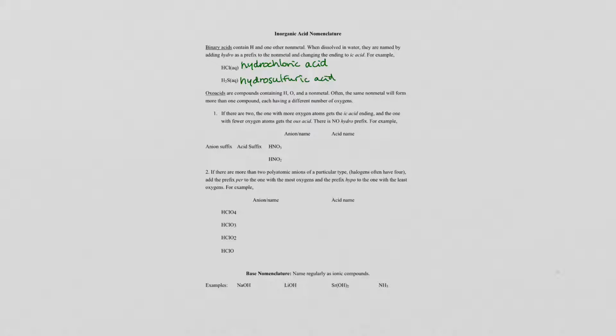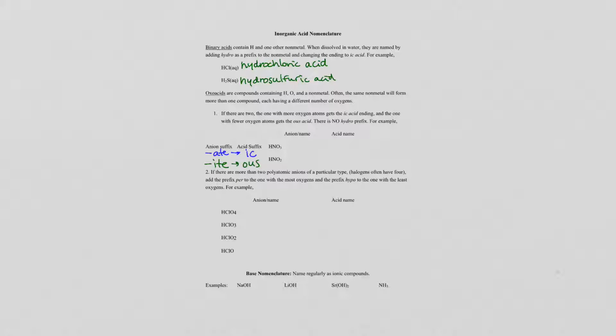Before we get into different acids and anions, I want to quickly talk about how to name things from an anion name. If you have an anion that ends in ate, you chop that off and add ic. If you have something that ends in ite, you chop that off and write ous on the end.